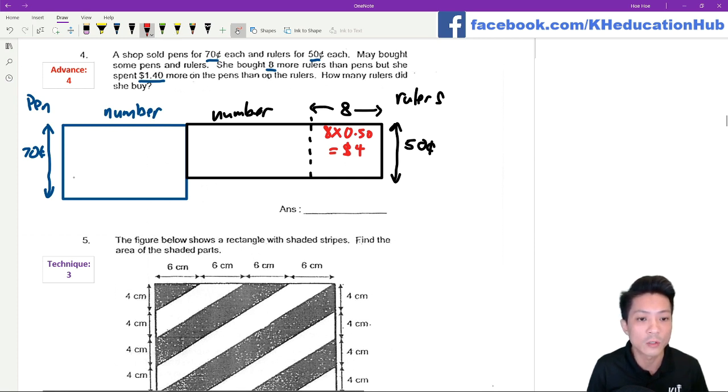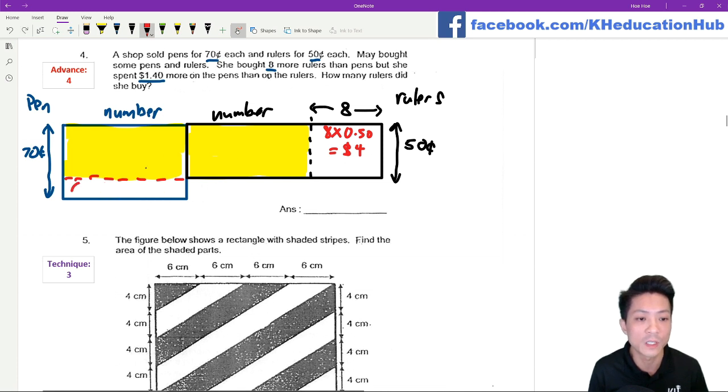If I were to draw a dotted line here, you can see that this area over here is supposed to be equal to this area here. Now, where is the extra part? The extra part is here, right?